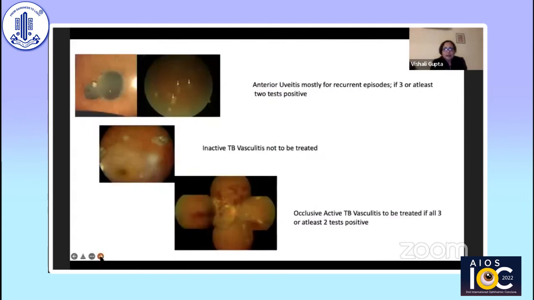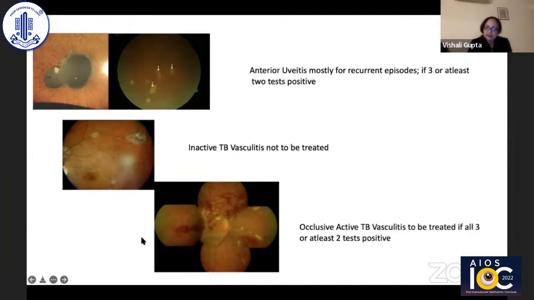When it comes to anterior uveitis, you treat only if there is recurrence, no need to treat the first episode, and only if all the three tests are positive. If it is vasculitis like Eales disease, we no longer believe in Eales, but if it is active and occlusive and you have at least two tests positive, please treat with anti-TB drugs.